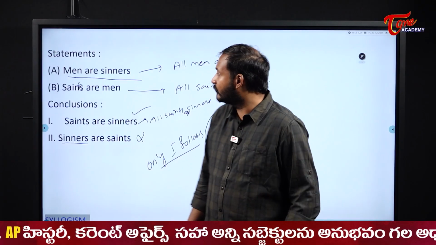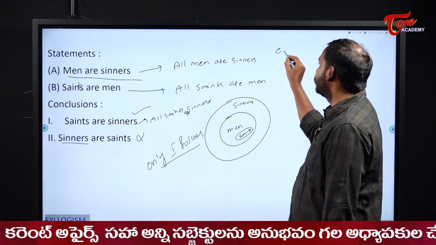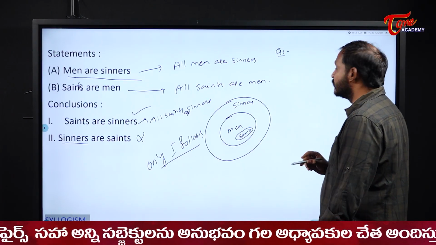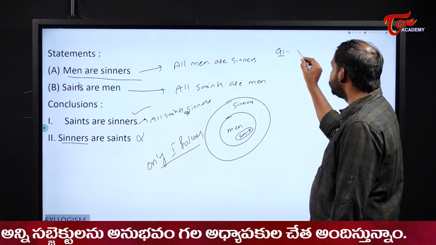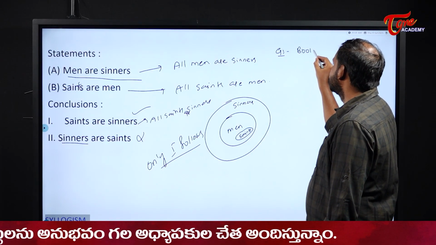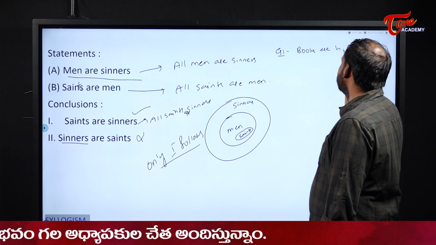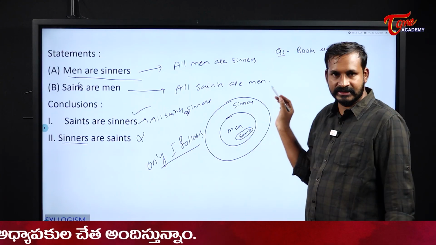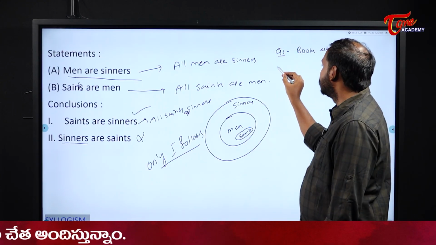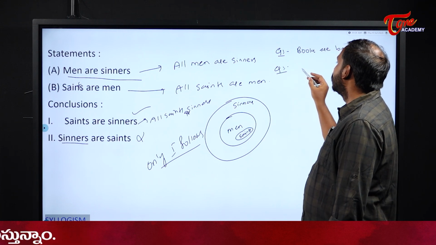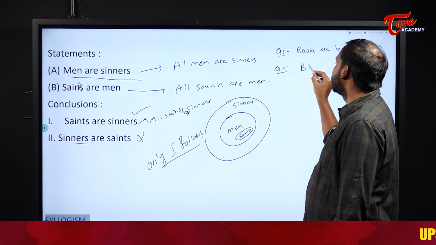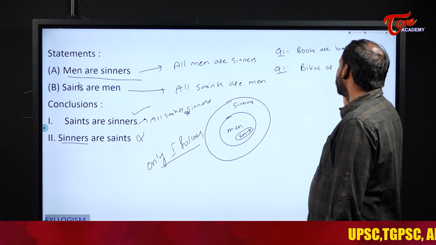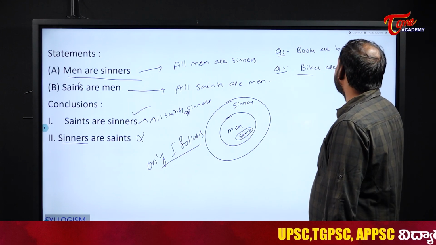For example, we will have other examples also, students. Generally, what we have here is books are balls. What does it mean? All books are balls. Next example, bikes are cars. The meaning of this is all bikes are cars.